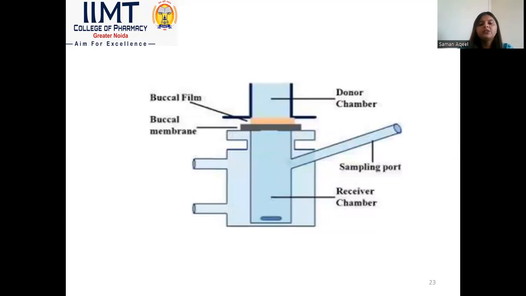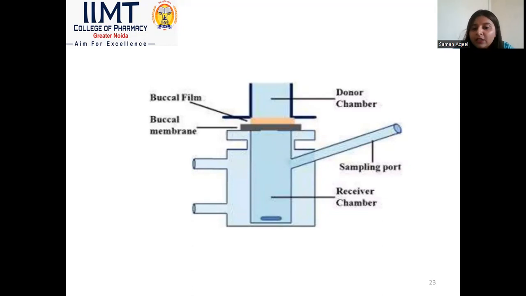You can see the structure of a diffusion cell. The upper one is the donor chamber, the lower one is the receiver chamber. You fill the nanoparticulate suspension in the donor chamber and the phosphate buffer in the receiver chamber. Here is the buccal membrane, the buccal film. This is just an example, where nanoparticles are used in the form of a buccal delivery system.